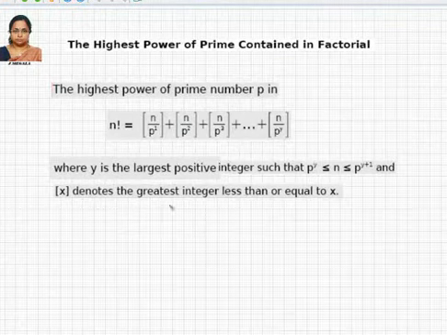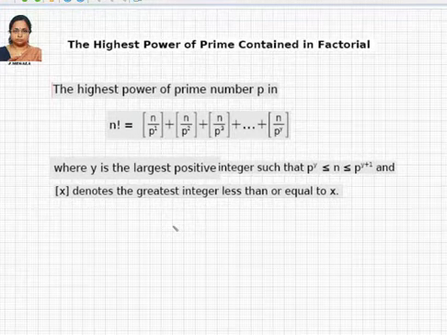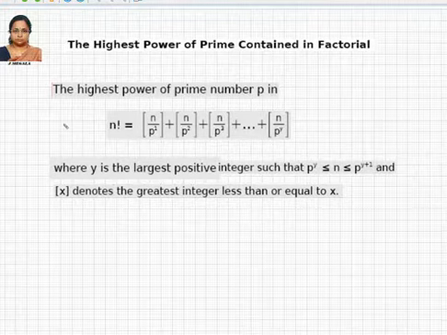Next, here we are going to see the highest power of a prime contained in n factorial. This is the formula for that, and I'll explain this one by one.